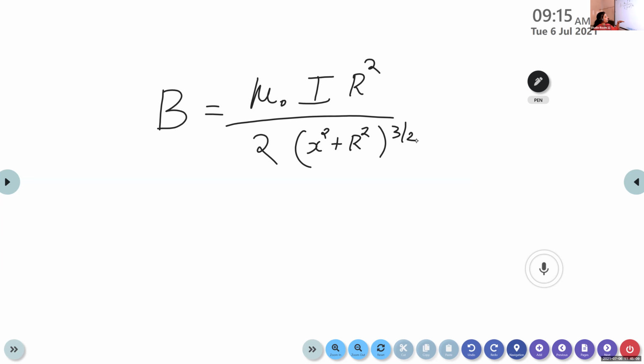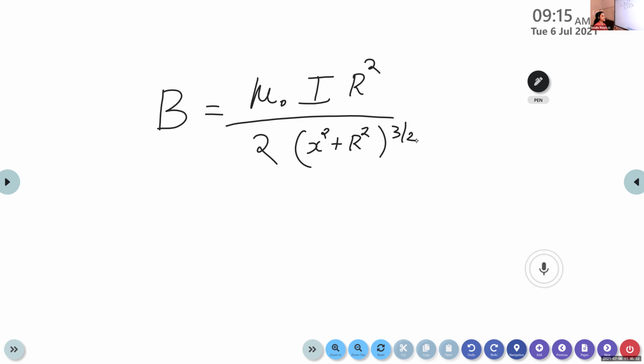This expression we already derived while discussing the application of Biot-Savart's law to calculate the magnetic field produced at the point P due to the entire circular loop. So B is equal to mu 0 I r square divided by 2 into x square plus r square, the whole raised to 3 by 2.